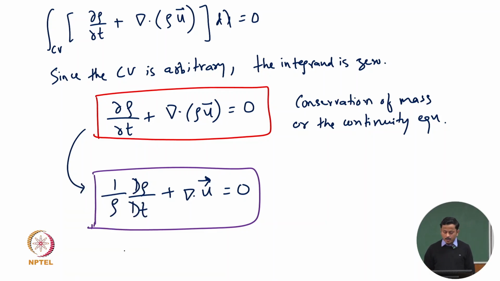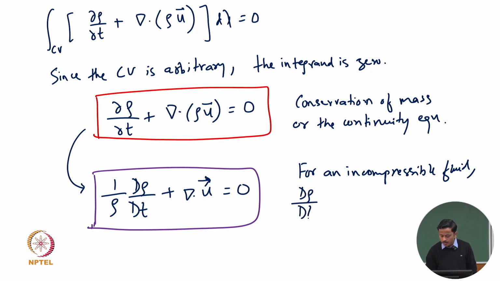A fluid is called incompressible if the density remains constant with change in pressure. So for an incompressible fluid, the change in the density is 0.